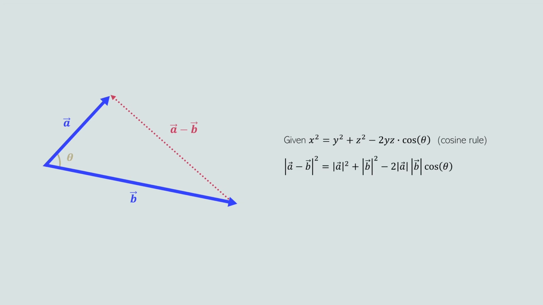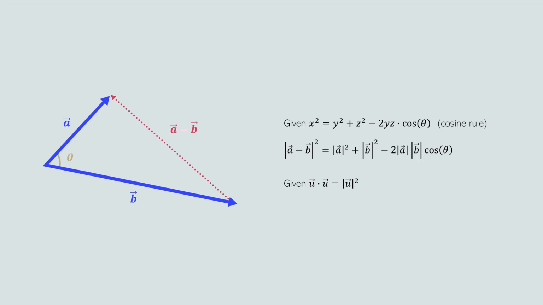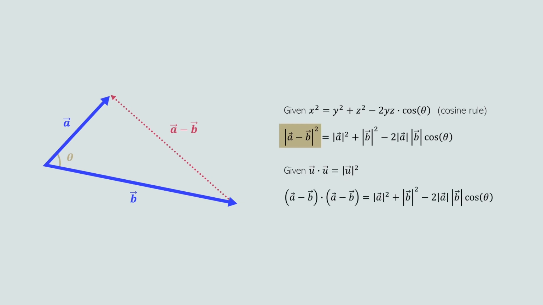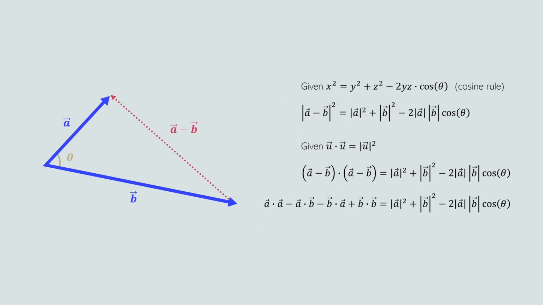Before, we just established that the dot product of a vector with itself is equivalent to the magnitude of the vector squared, and therefore that means the magnitude of the vector a minus b, squared, is equivalent to a minus b dot a minus b. Now we expand the dot product, so we get a dot a minus a dot b minus b dot a plus b dot b.